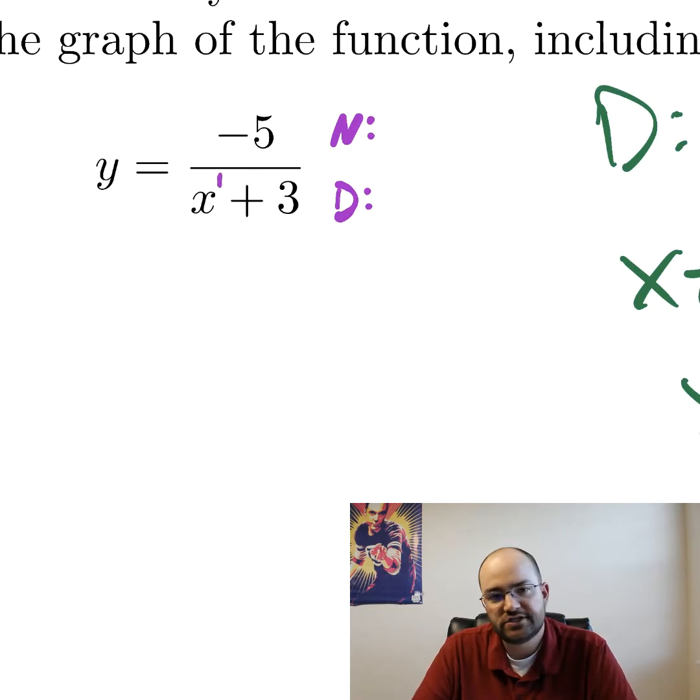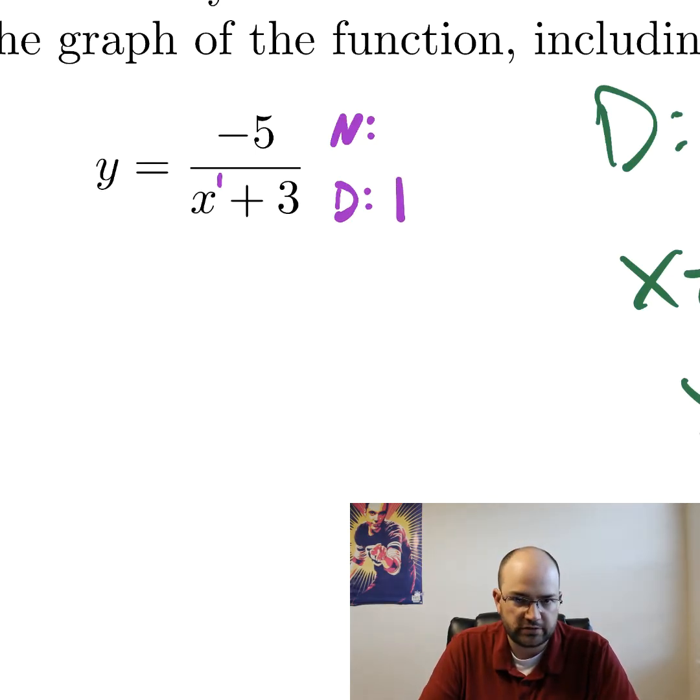Remember, degree is just the highest exponent that you see in the polynomial. In the denominator, the polynomial is x plus 3. There is no exponent here, so it's understood to be 1. So the denominator's degree is 1.